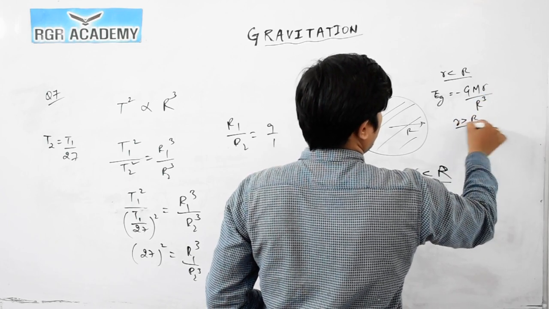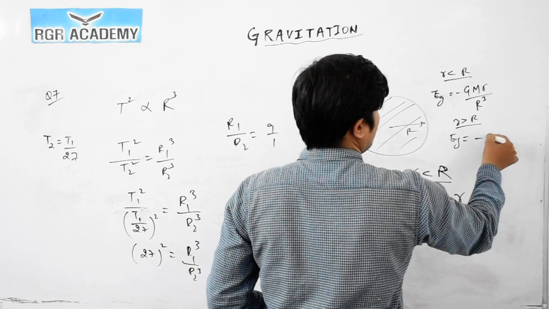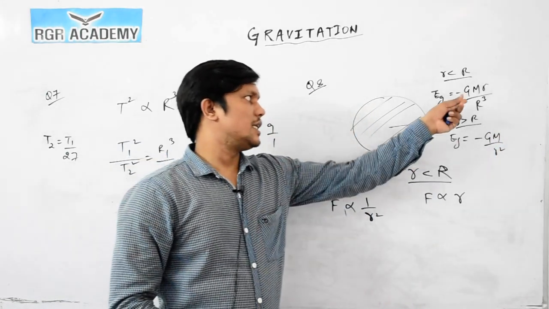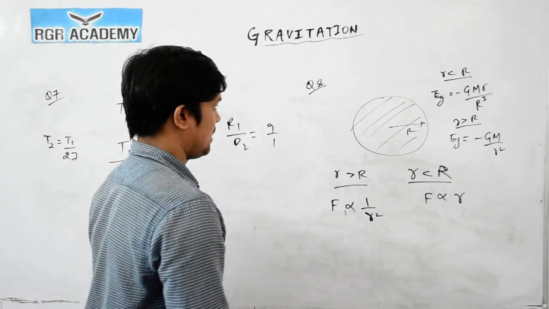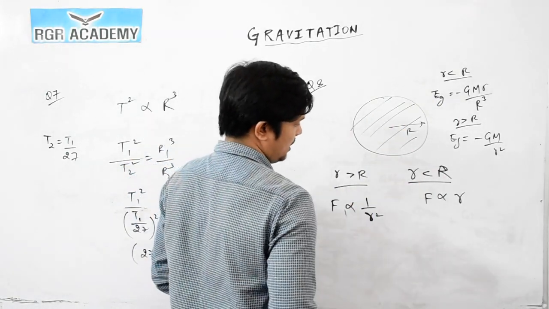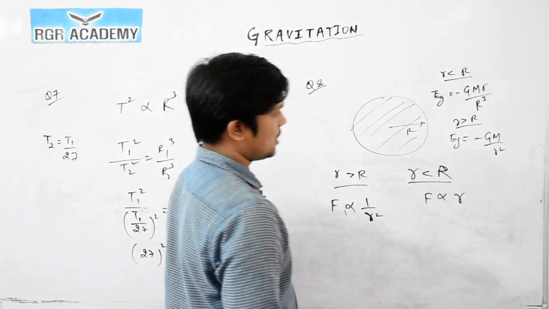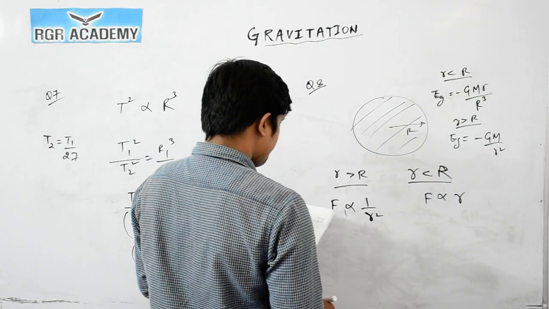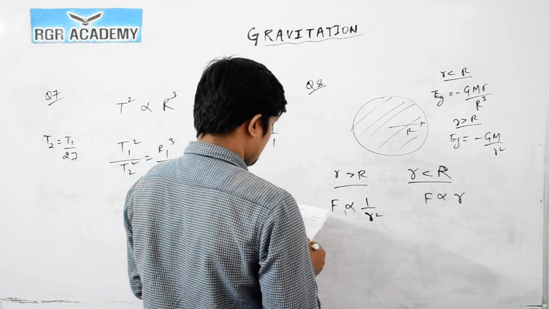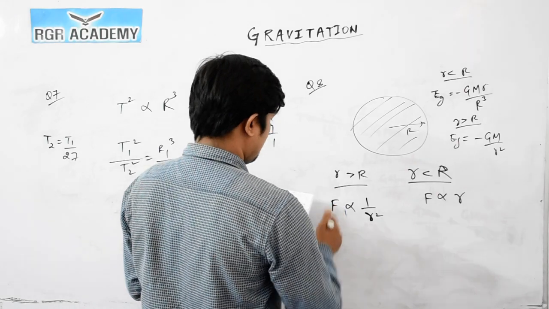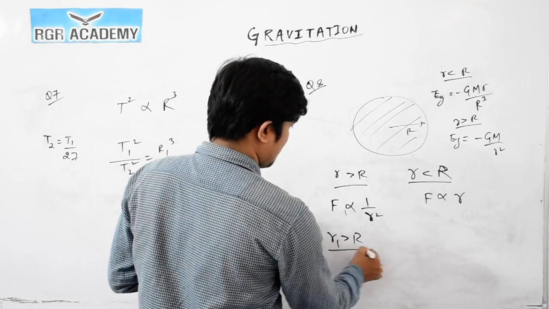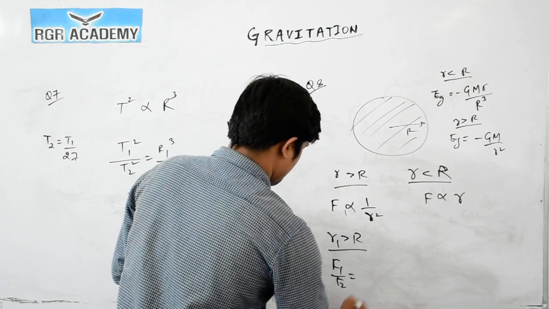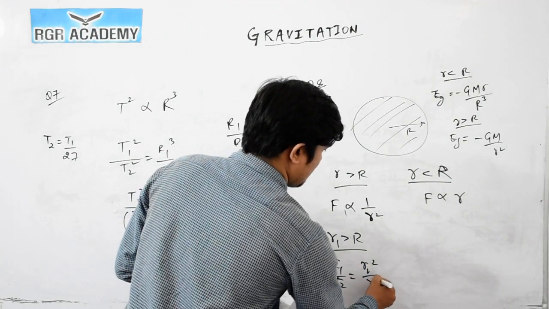For r greater than R, the gravitational field intensity is minus GM by r square. Force means gravitational field intensity times the mass. So for r greater than R, force is proportional to 1 by r square, and for r less than R, force is proportional to r. Now we will go by the options. If r1 is greater than R, we can say that F1 by F2 will be equal to r2 square by r1 square.